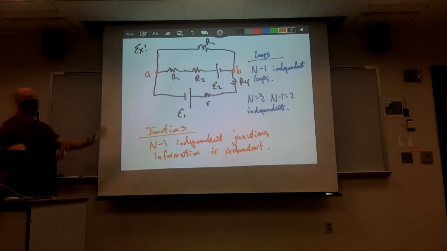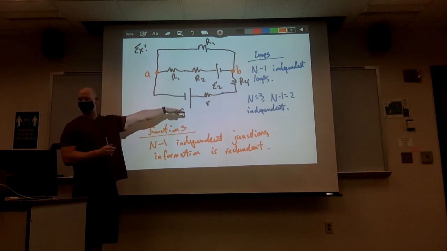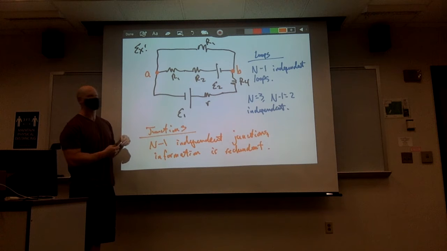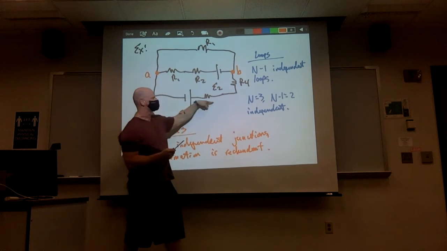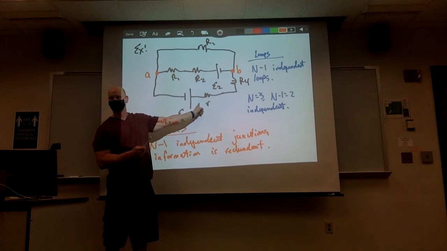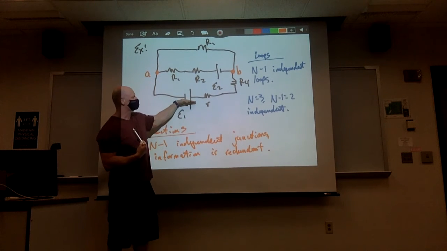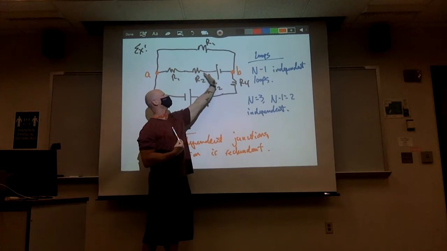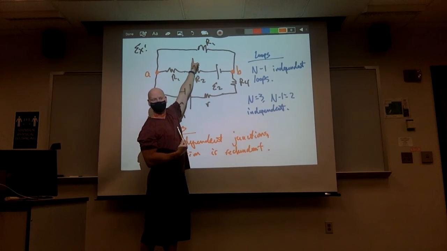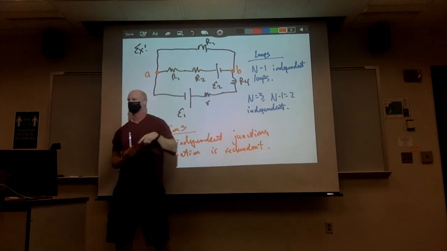Now, again, how you want to do that is completely up to you. It doesn't matter. It's completely arbitrary. But typically what I do is I look at the direction of the battery. Because what I know is that current has to be leaving from the positive terminal, eventually come back in through the negative terminal. So in this case, what I would say is, well, this current is running in this direction. This current is running in this direction. And then for this current up here, all it has to do then is satisfy the junction rule at the 2 junctions.